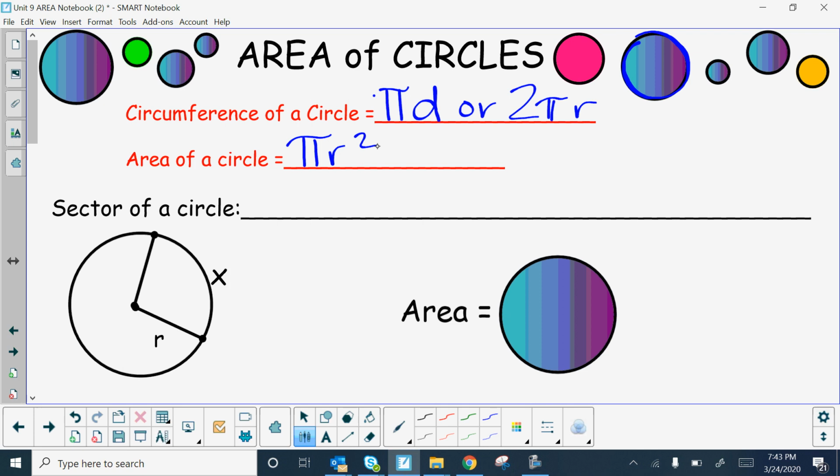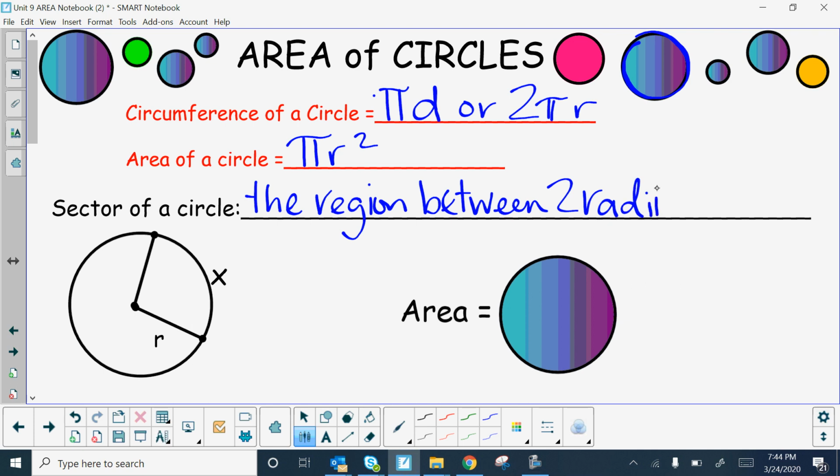The new stuff that you'll be doing at the high school level is finding the area of a sector of a circle. So what is a sector of a circle? It is the region between two radii, that's plural for radius, and an arc.